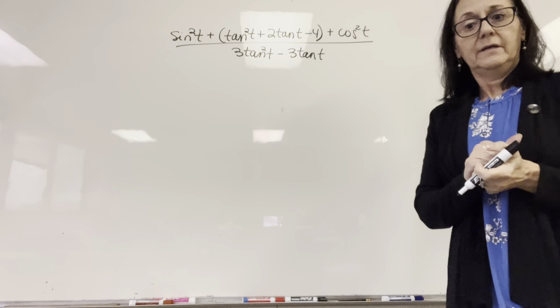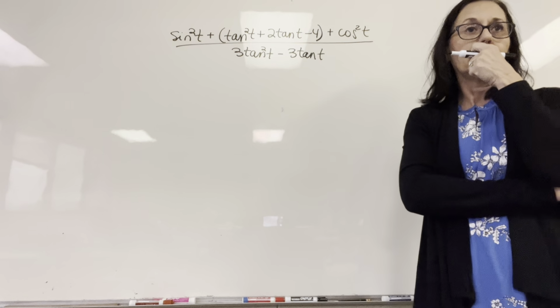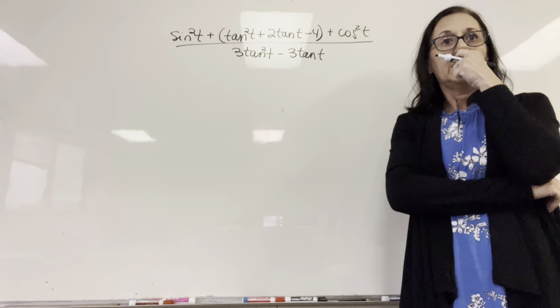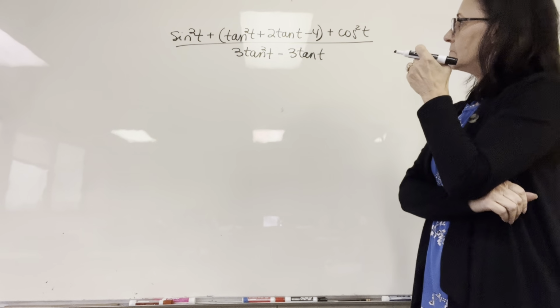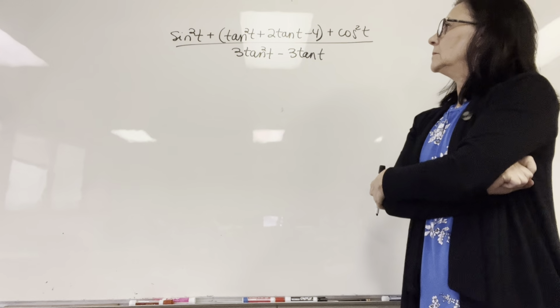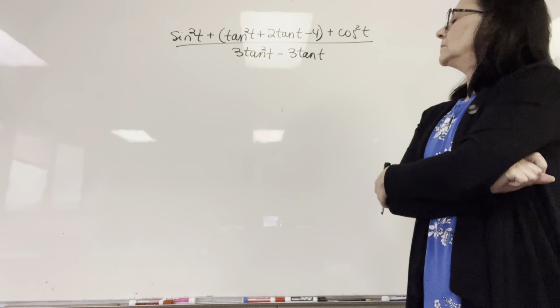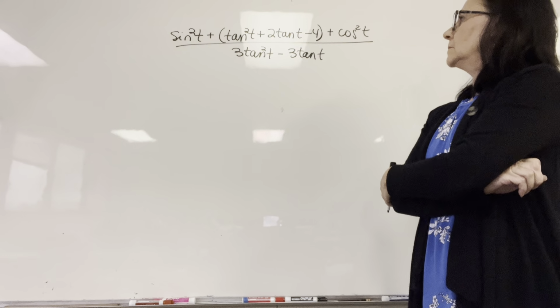All right, so is there anything that maybe we can simplify in the numerator? Yes. For tan of t, we can substitute like x, and then once you've done that, we can factor it and find the answer, or just basically simplify that.